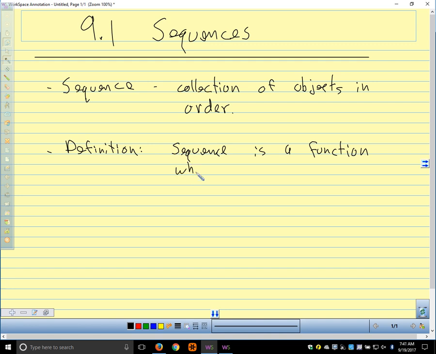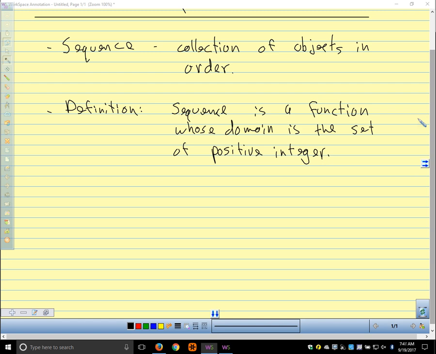Its domain is a set of positive integers. We sometimes include 0 as a domain value. So what we're saying is we have some f of 1, f of 2, f of 3, etc. That's how we're going to think of sequences.